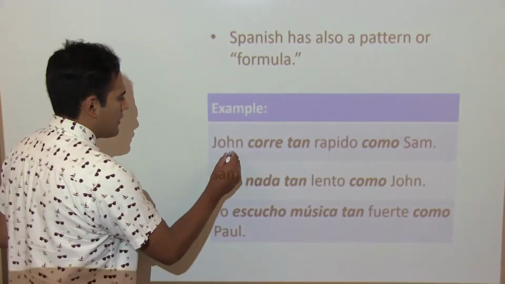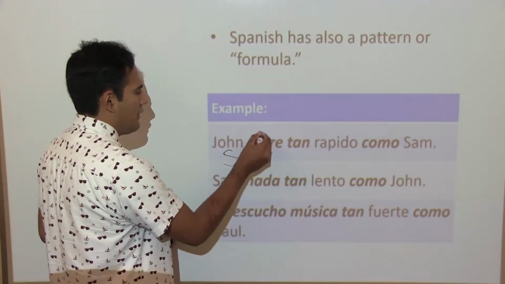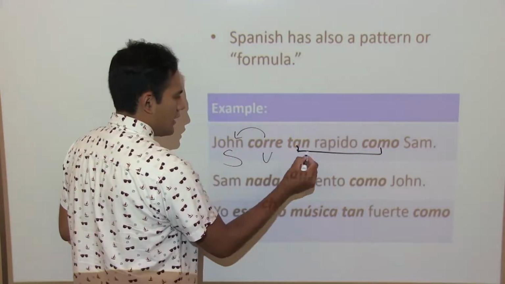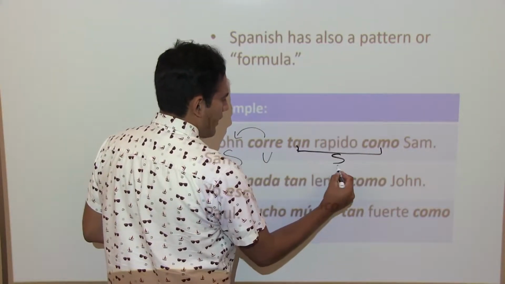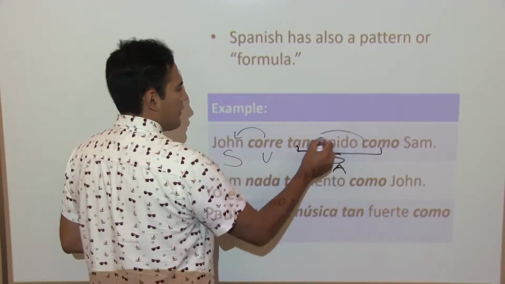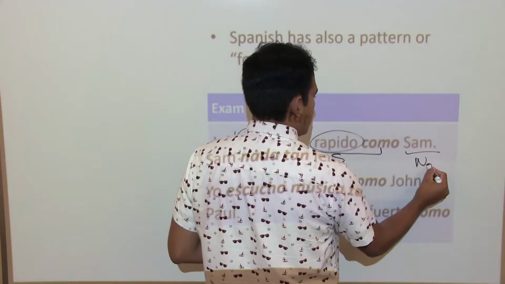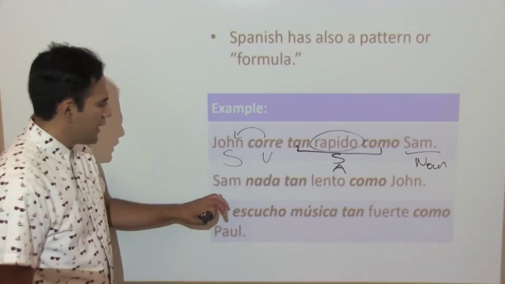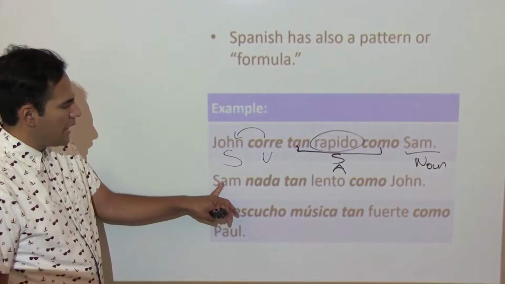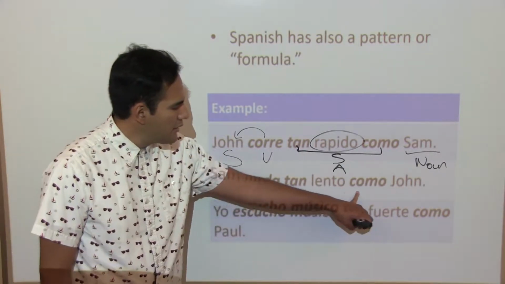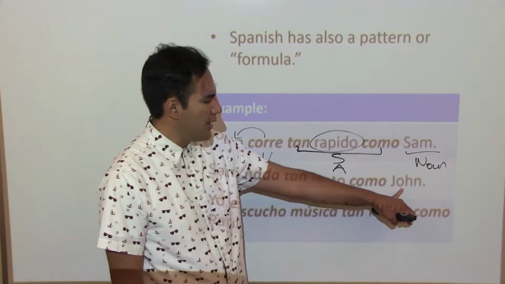So here we can just look at it really quick. Again, we have our subject, we have our verb that is conjugated to the subject, we have our sandwich with our adverb right here in the middle, and we have our noun. And as you can see, it's the same thing. Subject, verb conjugated to the subject, a sandwich with an adverb in the middle, and our noun.